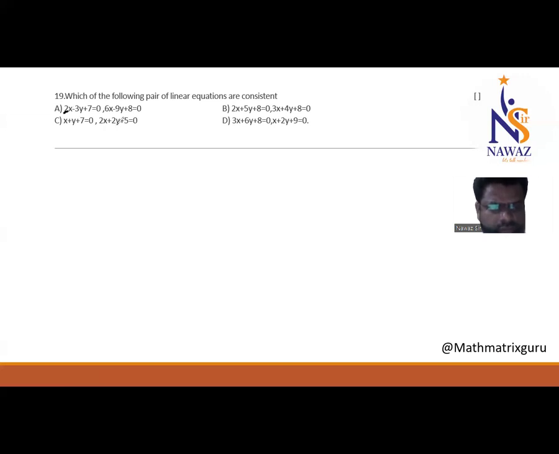A1 is 2 here and A2 is 6. So 2 by 6 is 1 by 3. B1 is -3 and B2 is -9. 3 by 9 is again 1 by 3. Here we are getting A1 by A2 equal to B1 by B2. We don't want A1 by A2 equal to B1 by B2. We have to get A1 by A2 not equal to B1 by B2.